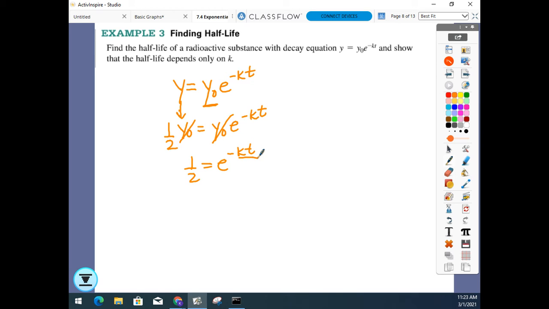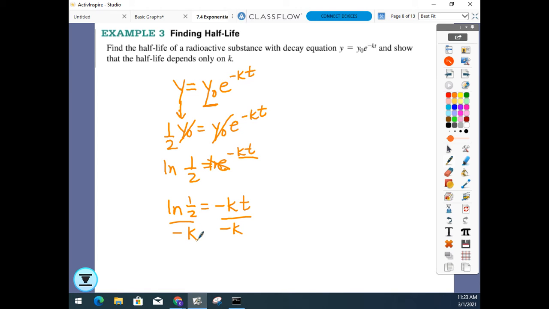So I have to get rid of e to get to t. So what's the inverse of e? It's ln. So I need to ln both sides. Then ln cancels out e. Then to solve for t, divide by negative k.